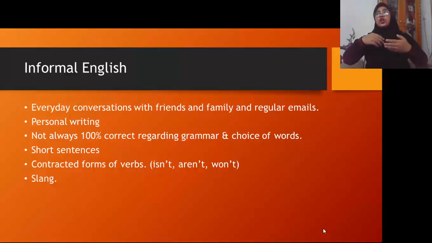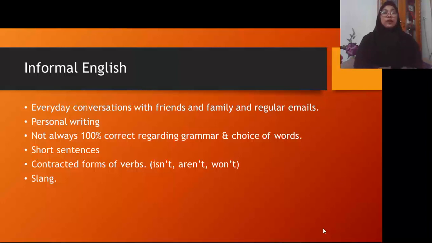No, you cannot use isn't in your speech when you present, for example, in front of the class, or maybe in your work, in your job. You can't do that, right? And then, of course, in informal conversation, you can use slang words.